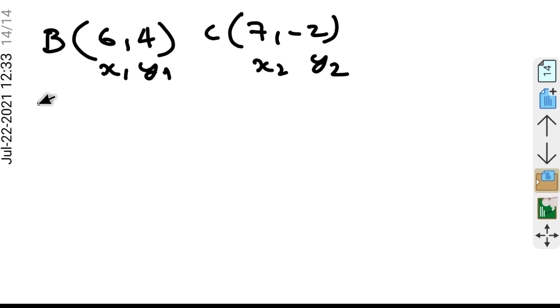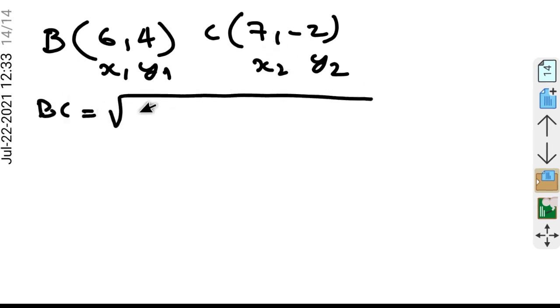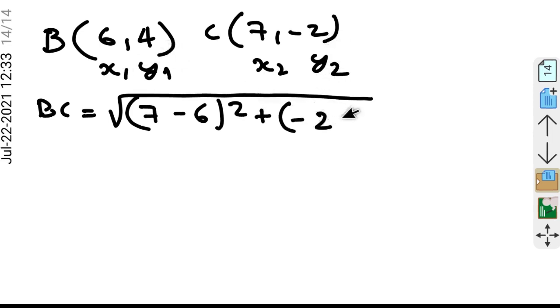Next, BC equals under root of x2, which is 7, minus x1, which is 6, whole square. I'm directly applying the data because you know the formula, right? So y2 is minus 2, y1 is 4, whole square.